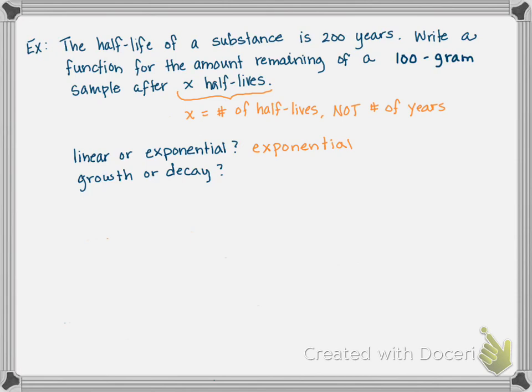If we don't think carefully about which one it is, then it's easy to get the sign of your percent change incorrect, and that messes with all the numbers. So is this one growth or decay? Decay. We're losing the substance, which means we have a negative R.